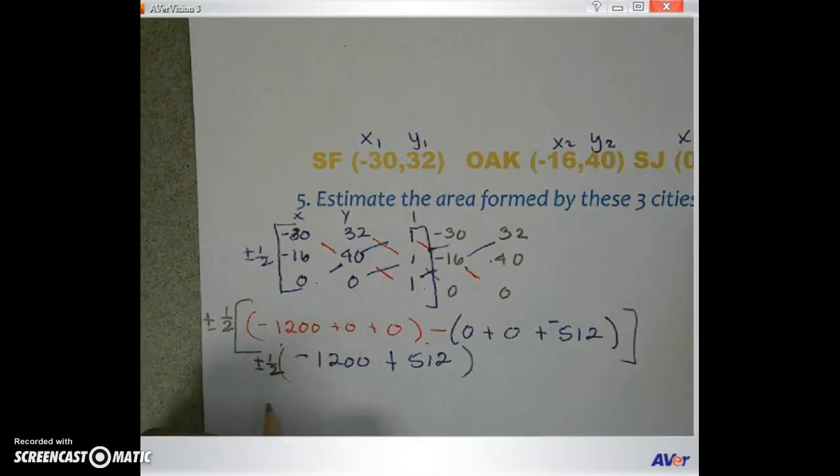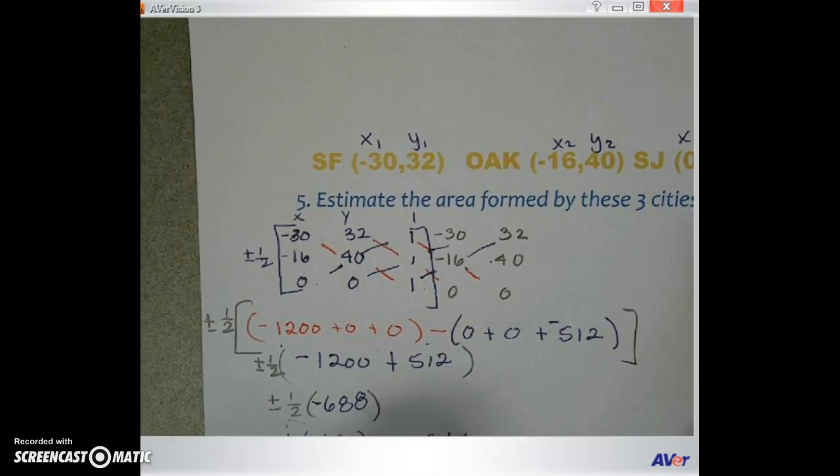So this is positive or negative 1/2 times, well, 1200 plus 512 is a negative 688. And because I need my answer to be positive, I'm going to choose the negative 1/2 times negative 688. And when I multiply that out, I get that the area is 344 units, squared units.